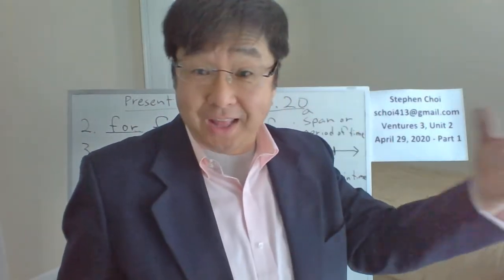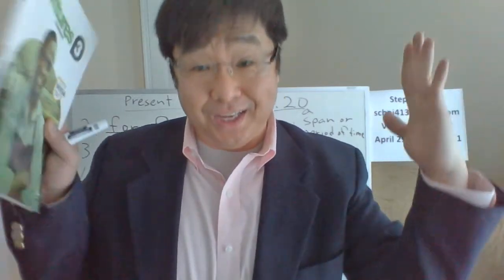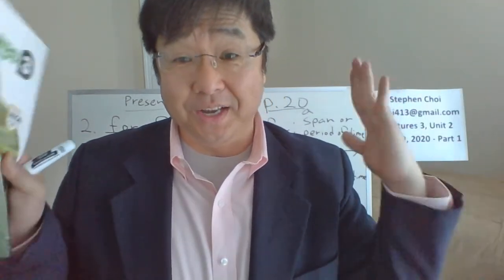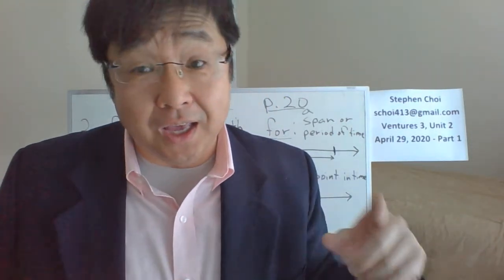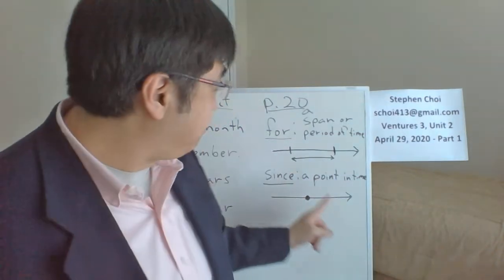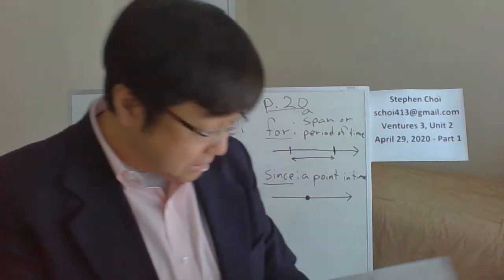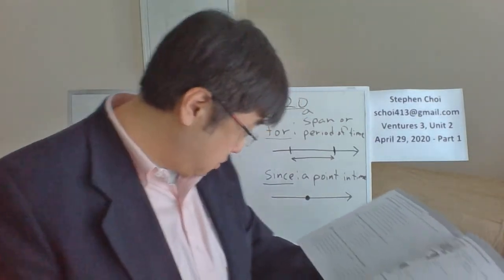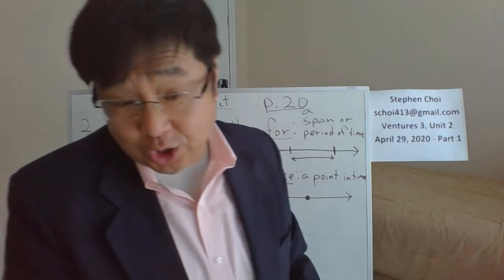Is Tuesday like one day? It is, but one day is a span of time. When you say Tuesday, there are 7 days in a week, and there's only one Tuesday last week or this week. So Tuesday is a point in time. You have to say since Tuesday. They have been in our class since Tuesday.